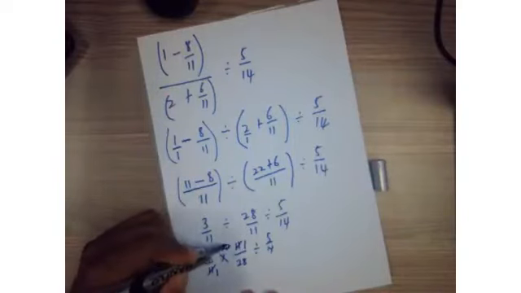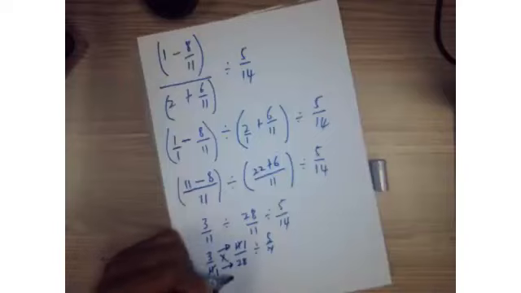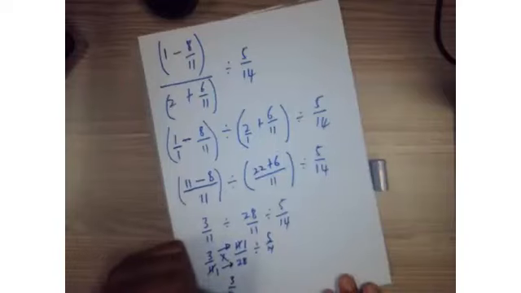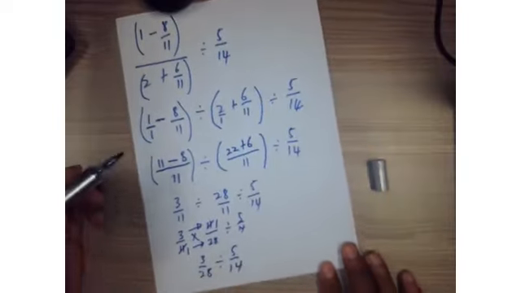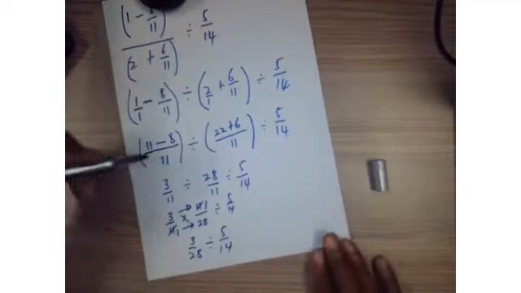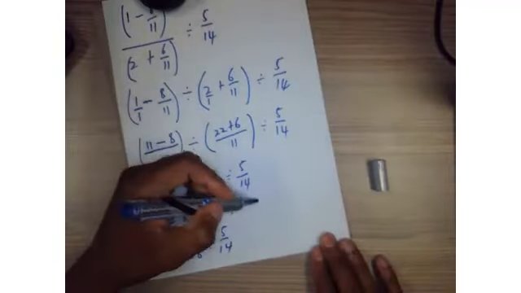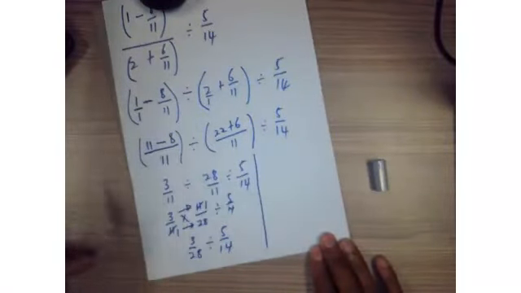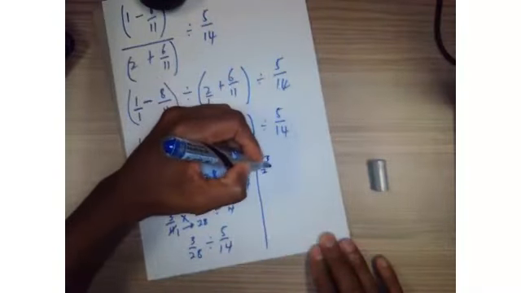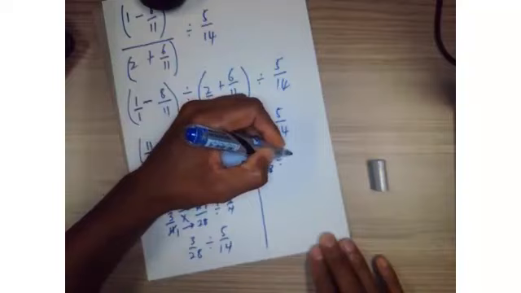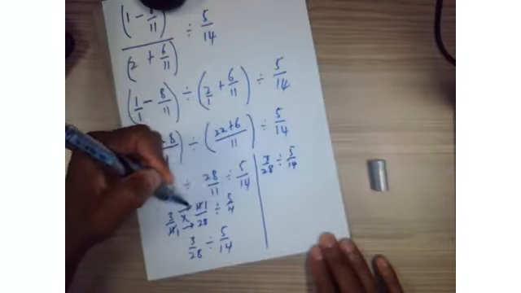So you multiply straight through like that. It's going to be 3 over 28 divided by 5 over 14, right? So now you're continuing from there.